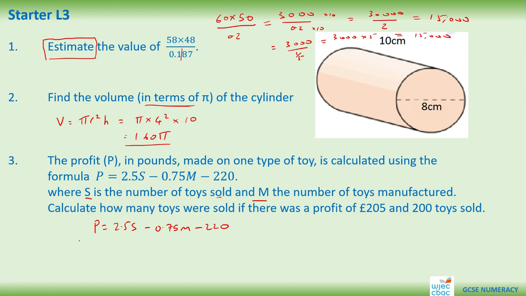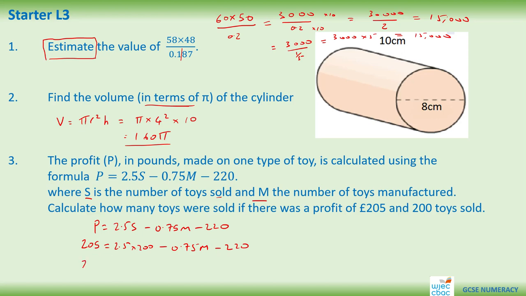So if we put the numbers in the equation, so 205 pounds profit is equal to 2.5 times S, number of toys that were sold, times 200, minus 0.75 M is what we're trying to find, minus 220.